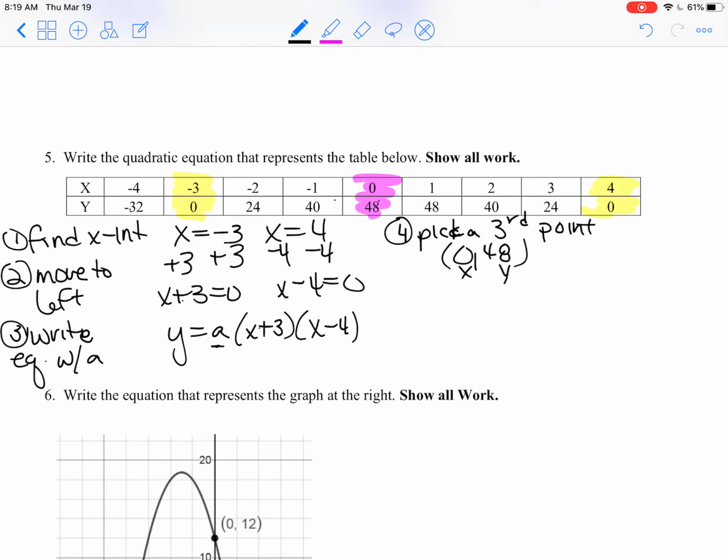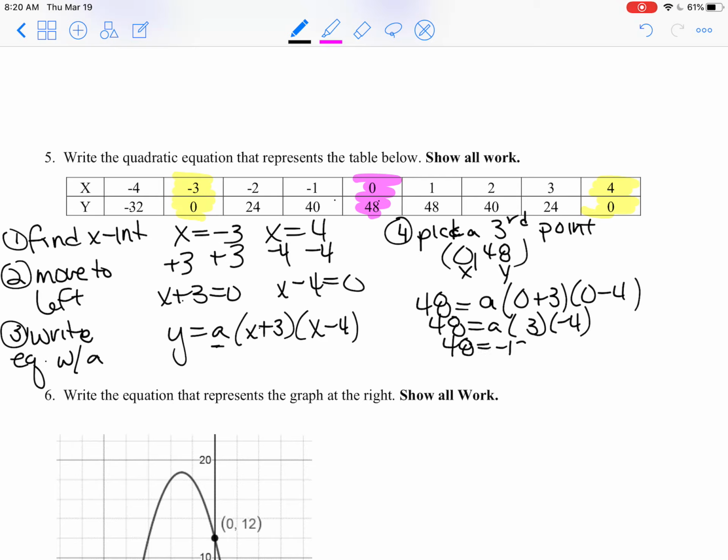This is x and this is y. And you're going to substitute it into the equation. So y is 48, so 48 equals a times 0 plus 3 times 0 minus 4. So that's 48 equals a times 3 times negative 4.